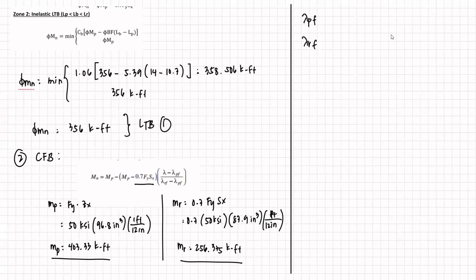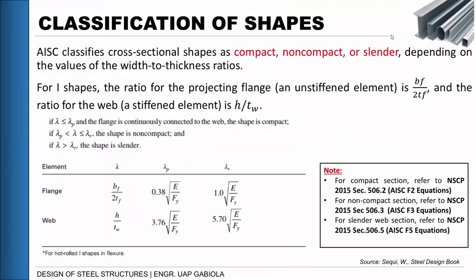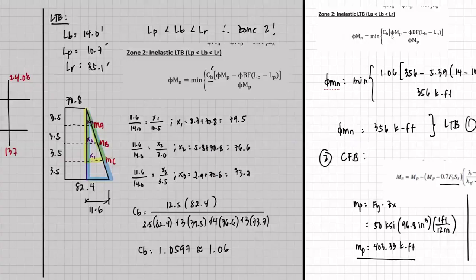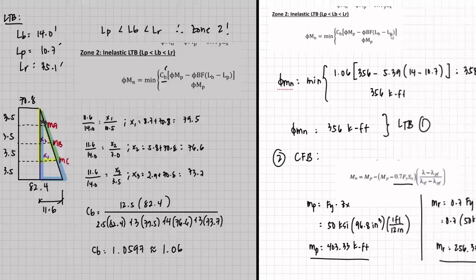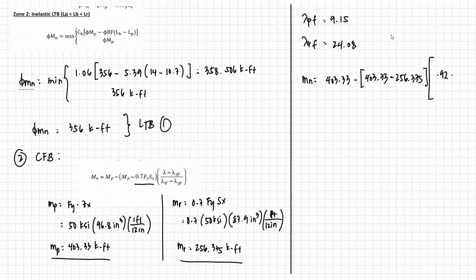So, dito, alpha pf tsaka alpha rf. Okay. Pf is yung 0.38. So, that is 9.15. Ito yung 24.08. Substituting yung Mn natin. That is Mp 403.33 minus 256.375 multiplied by yung actual natin na 9.92 minus 9.15 over 24.08 minus 9.15.